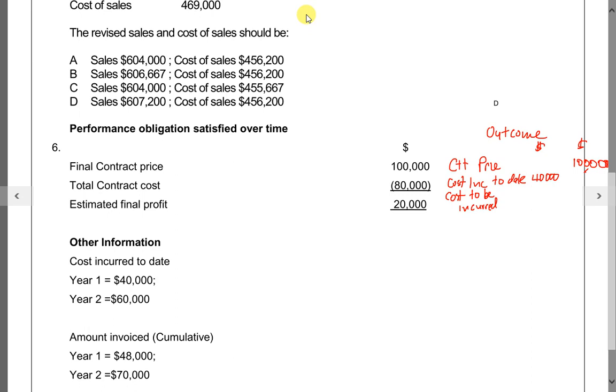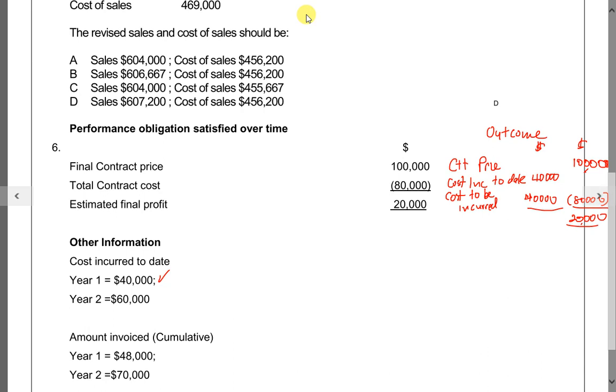Cost incurred to date, year 1, 40. Cost to be incurred, 40, because the contract is 80,000. Already incurred 40, to be incurred another 40. So total will be 80. The profit will be 20.